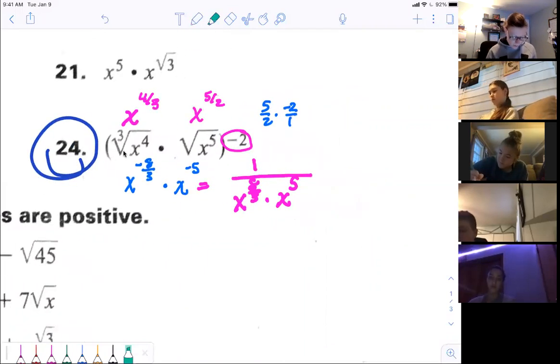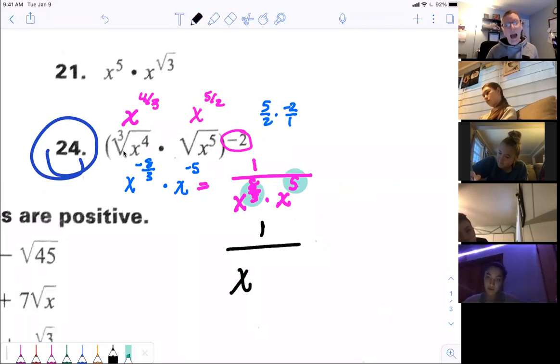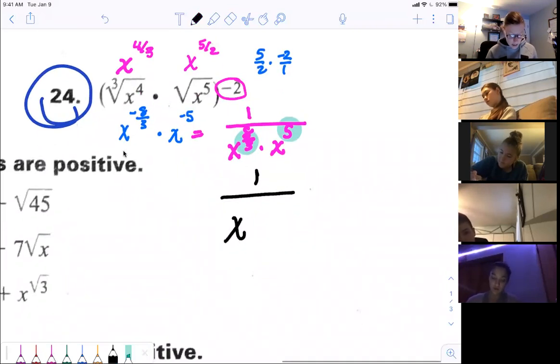So now, when you're multiplying exponents together, we know that those exponents need to be added. So we have to take 8/3 and add it to 5. So when you're multiplying, you add the exponents together.